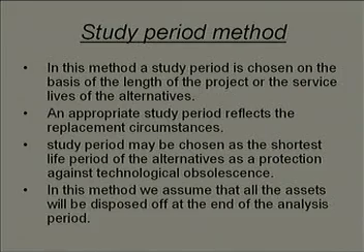So, for the first example wherein we have two assets, one with 3 years and another with 4 years, a study period could be taken as 2 years also. Now, this 2 is lesser than 3. So, that kind of study period can also be taken, but in most of the cases the study period is taken as the shorter of the two or the smaller of the two lives.